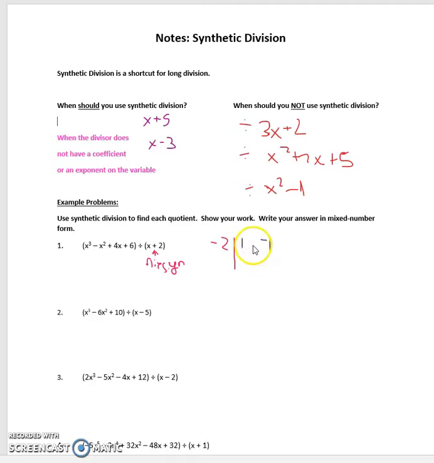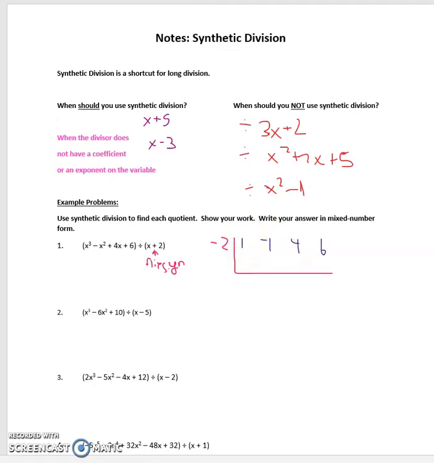You're going to want to space these out just a little bit so you know they're separate numbers. So 4, and then we have 6. We're going to draw a line, leave space for another row of numbers, and then go across. It's kind of like an upside down version of the normal division sign.